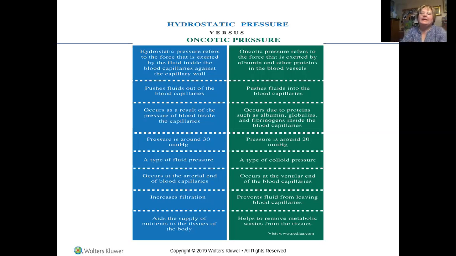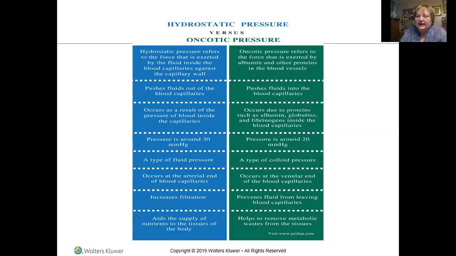So we get that fluid back out with oncotic pressure. This refers to the force exerted by albumin and other proteins in the blood vessels. Some of the protein doesn't get pushed into the tissue; albumin remains in the vessel.